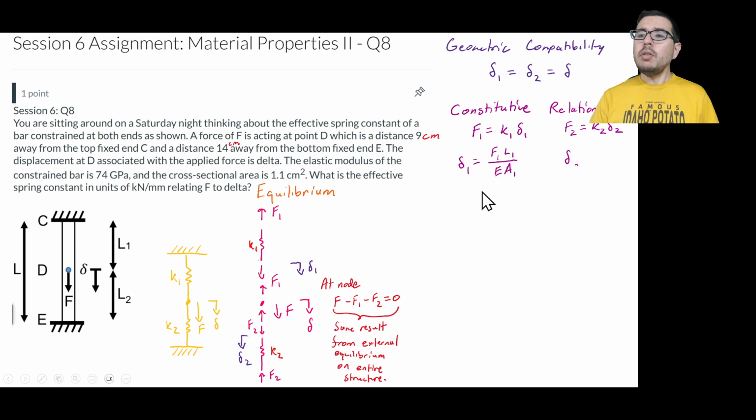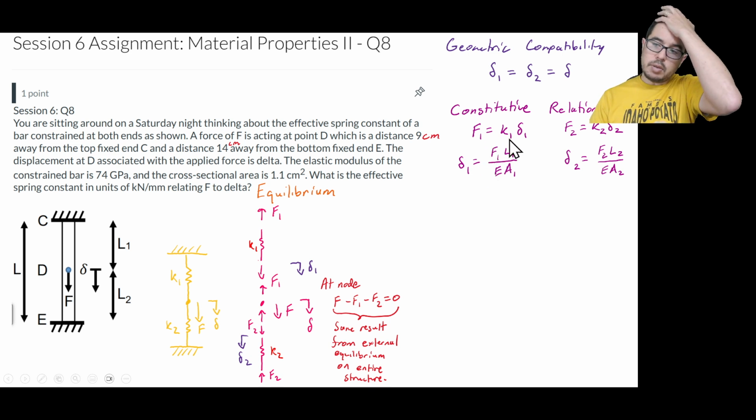Now, the delta 1 can be written in terms of F, L, E, and A, and delta 2 can be written in terms of those as well. So you can go back and take a look in session 3 when we go through Hooke's law and how the displacements in these bars might be related to each other. And if we rearrange things a little bit, we say, okay, look, F1 equals K1 delta 1.